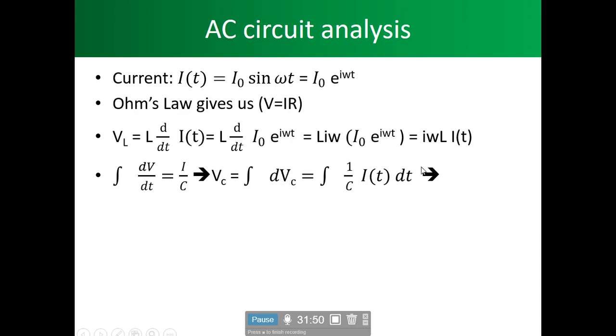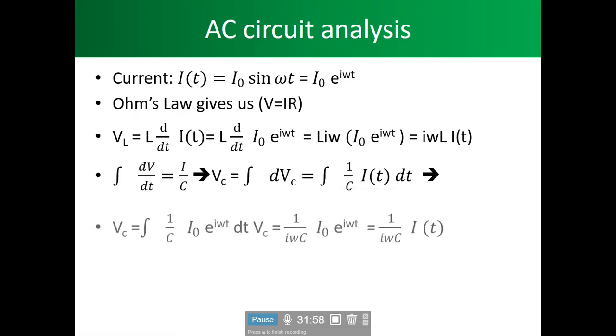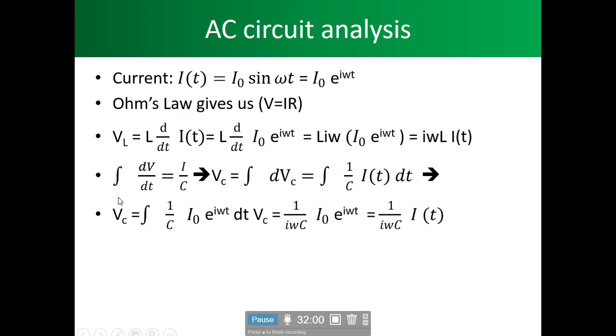Now what can we do with the 1 over C times I(t) dt? We have to integrate this I dt, just like we did up here. So here we go.